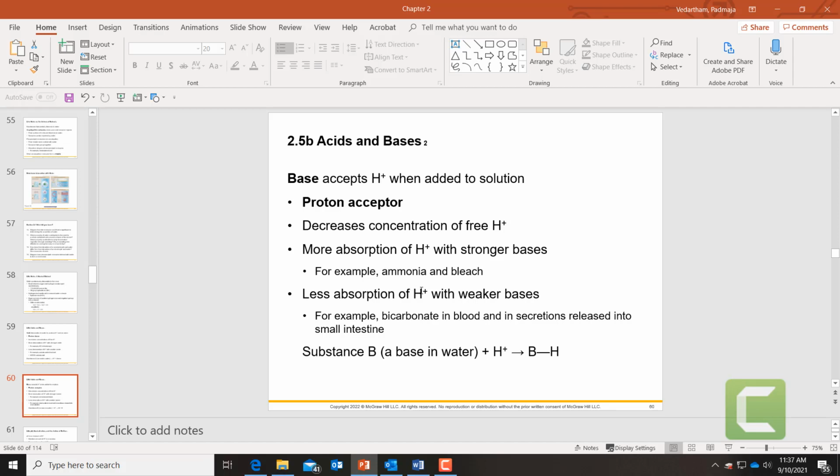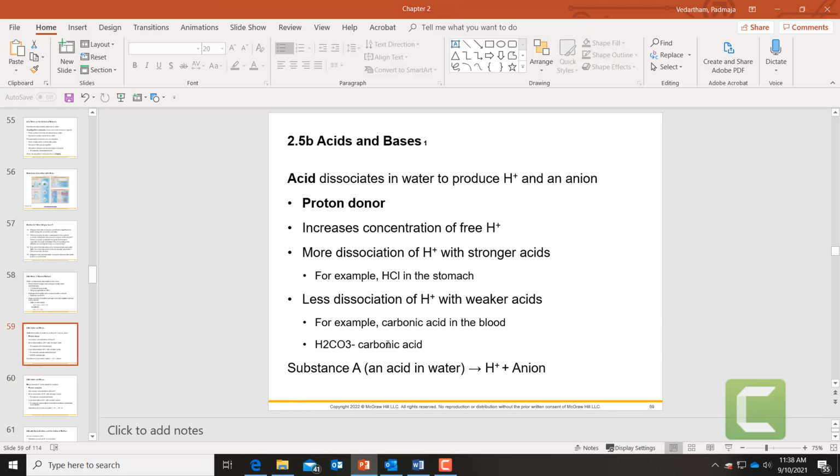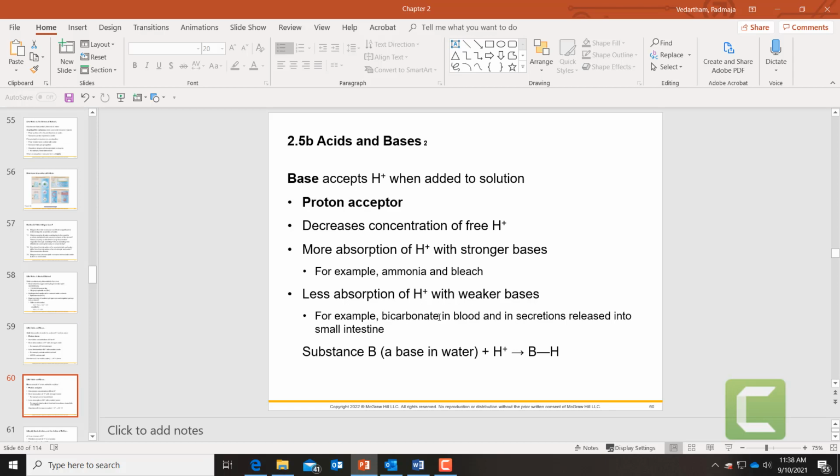If they absorb less, then those are called weak bases, for example, dish detergent, right? So those are all weaker bases. In the blood, bicarbonate is a weak base. So we have carbonic acid, which is a weak acid, and we have bicarbonate, which is a weak base.